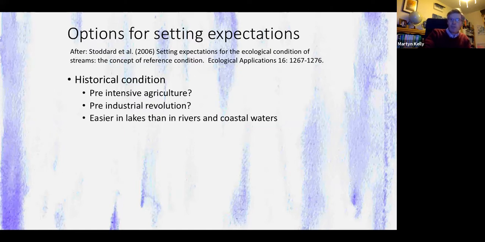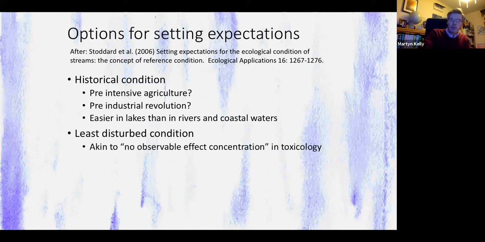So whereas historical condition might appear to an audience of diatomists to be a fairly obvious choice for reference conditions in lakes, it's not something that can be easily applied in other water body types, rivers and coastal waters. And so the focus has been on trying to find the least disturbed condition, which we can equate to the no observable effect concentration from toxicology.